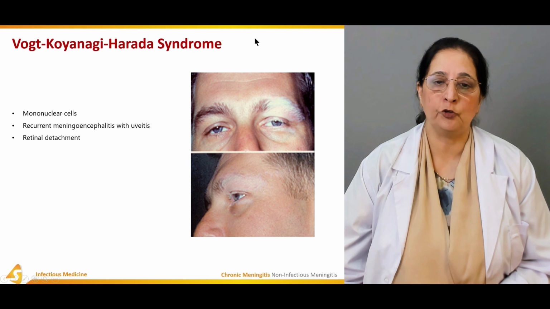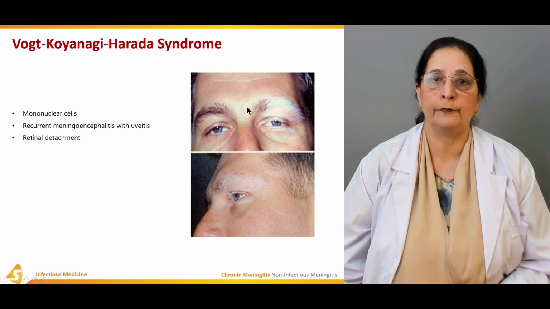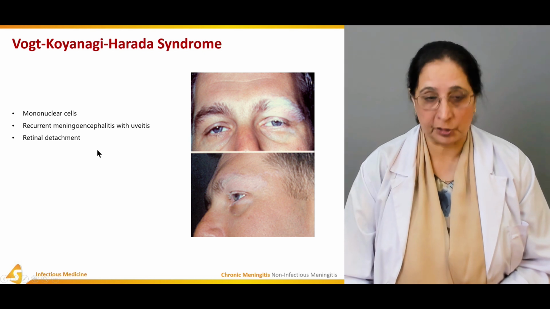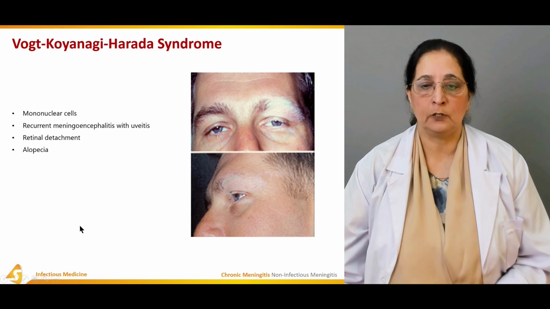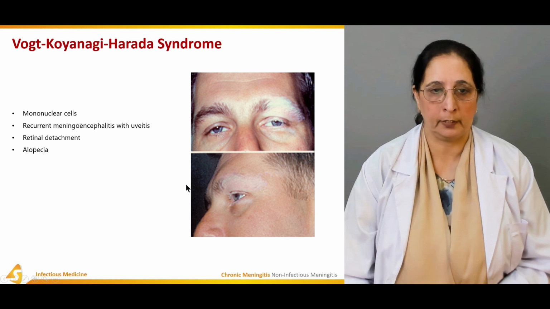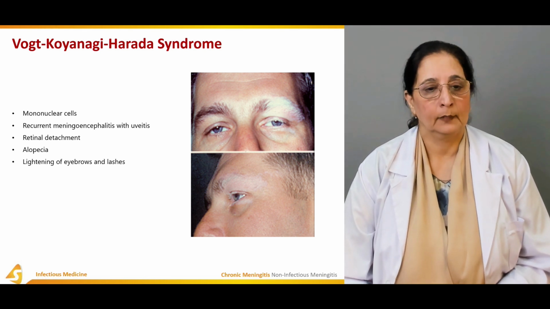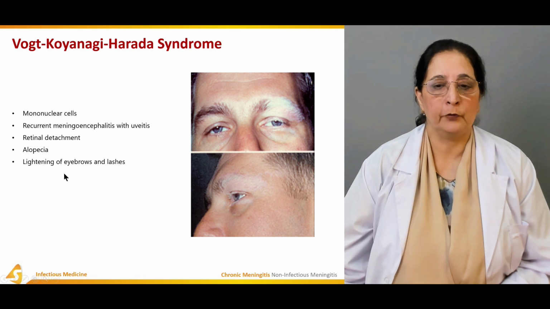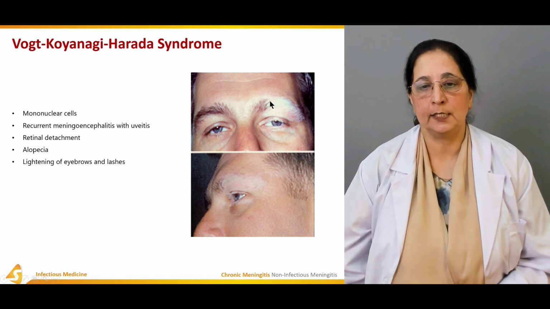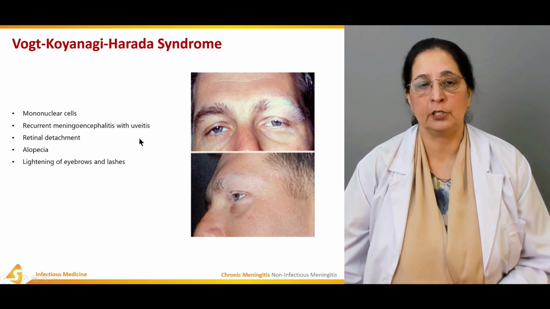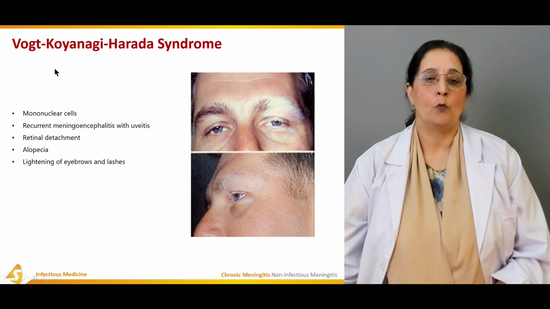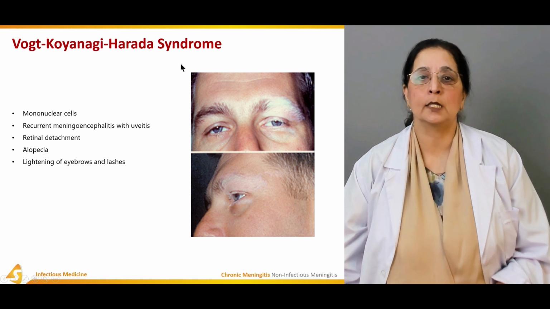So in this syndrome, we have involvement of the eyes with uveitis and retinal detachment, alopecia, loss of hair, also associated with lightening of eyebrows and lashes. Here you can see lightening of the eyebrows and lashes. All these are the features associated with Koyanagi-Harada syndrome.